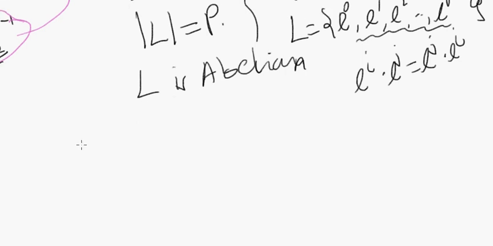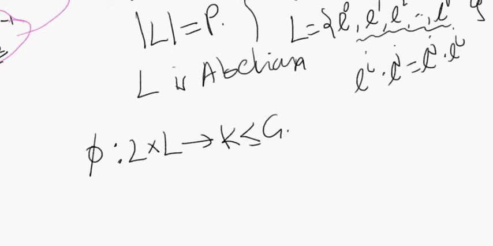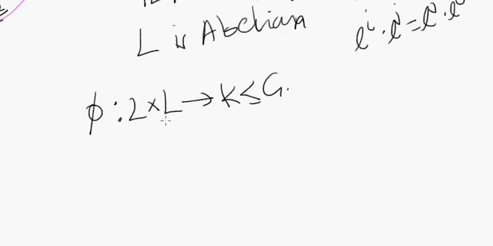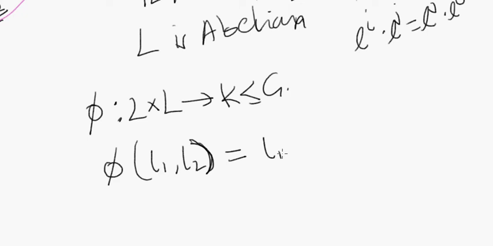And now we're trying to create an isomorphism phi from L cross L to some subgroup K of G. Before, we tried a bunch of approaches which involved multiplying elements of L cross L. What we tried was this: why not take L1, L2 and send that to L1 L2 inverse?